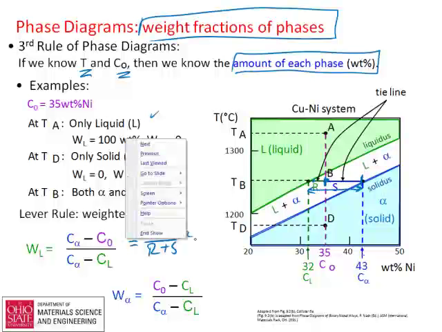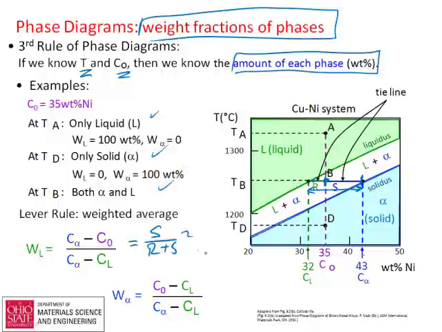And in that case, that's going to be about 70% liquid or so. And then the weight percent solid is going to be length R over R plus S. That's going to be about 30%. And of course, those two fractions should add right to 100%, and they do. Okay, and they do here on the graph as well.